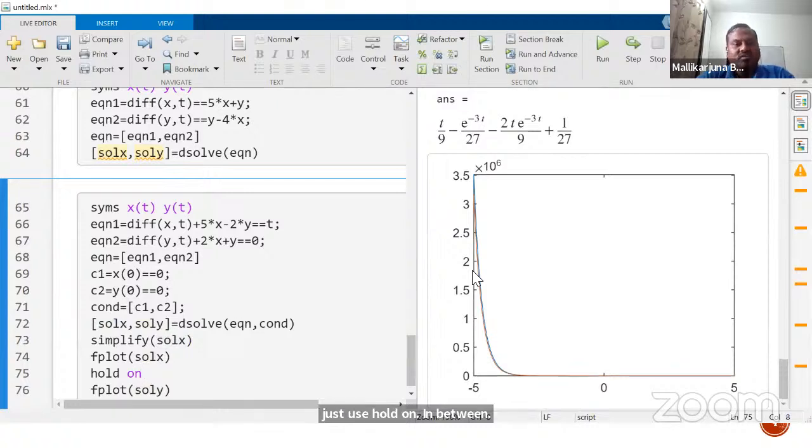There's not much difference for this solution. Both are giving similar results. Okay, fine.